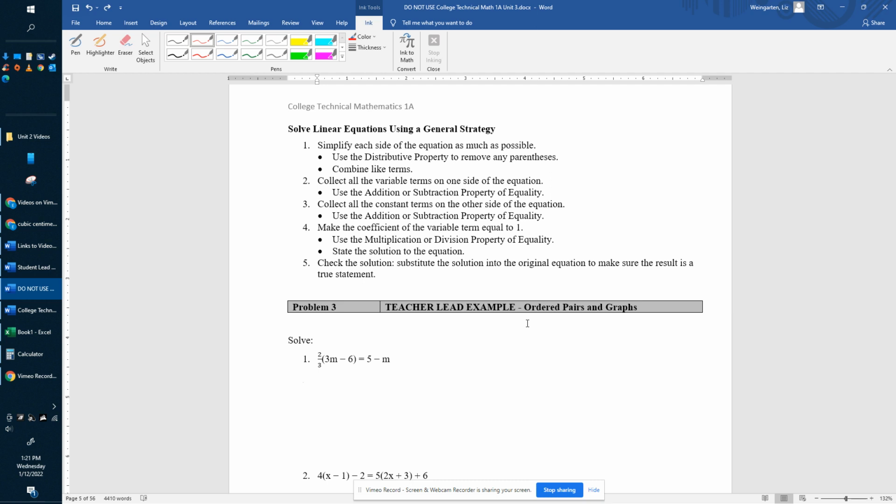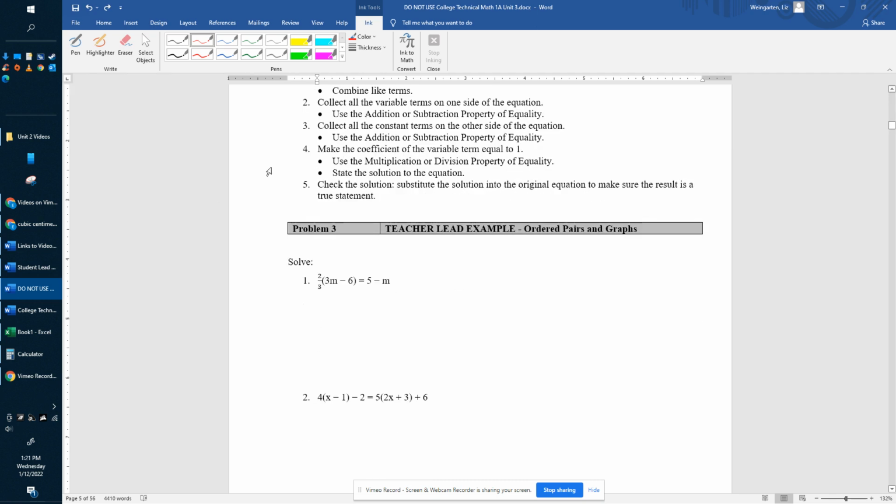Finally, we divide both sides by the coefficient on the variable, and then at the very end, we need to check our answer. A lot of people skip that step, but it's always important to check your answer just to make sure you didn't make any mistakes along the way. To this day, I am still making mistakes occasionally, so I continue to check my answer.